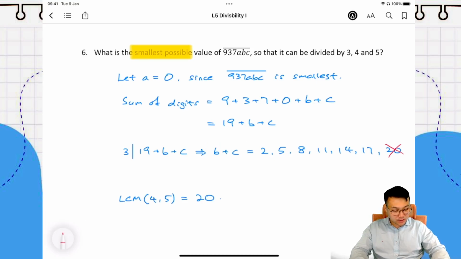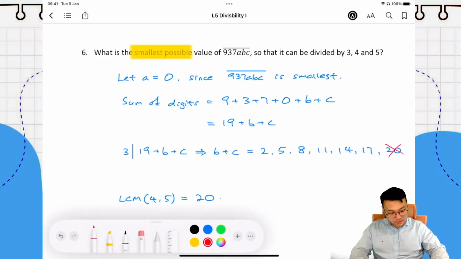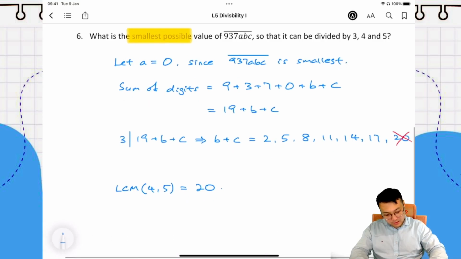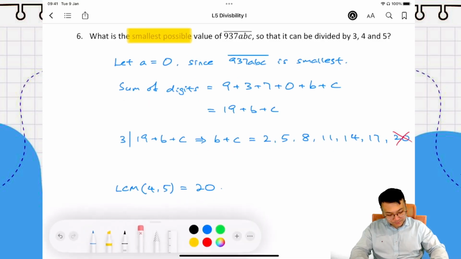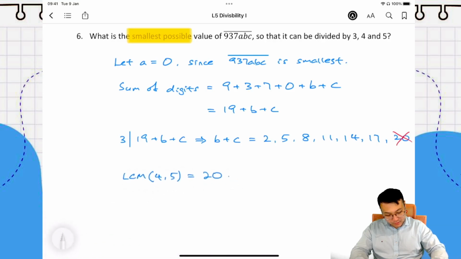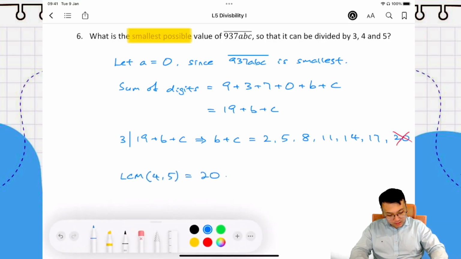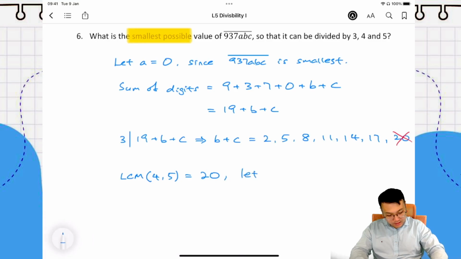But are we trying to get the biggest possible value or the smallest possible value? Smallest. Yes, okay, so we must let B plus C equal 2. So now we know the LCM is 20, and we must also let B plus C equal 2 since it is the smallest.